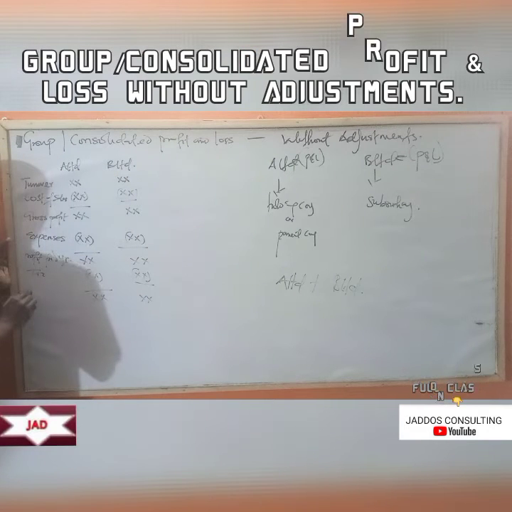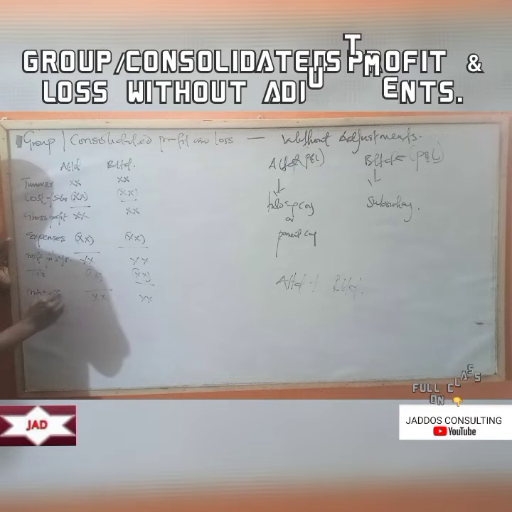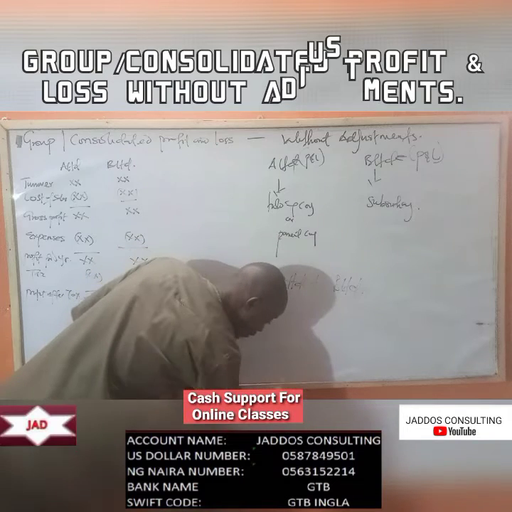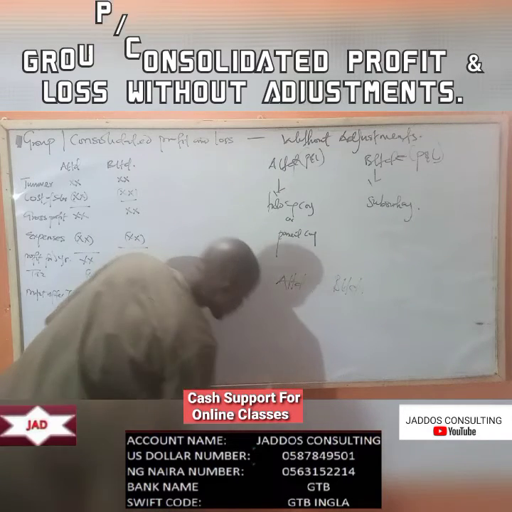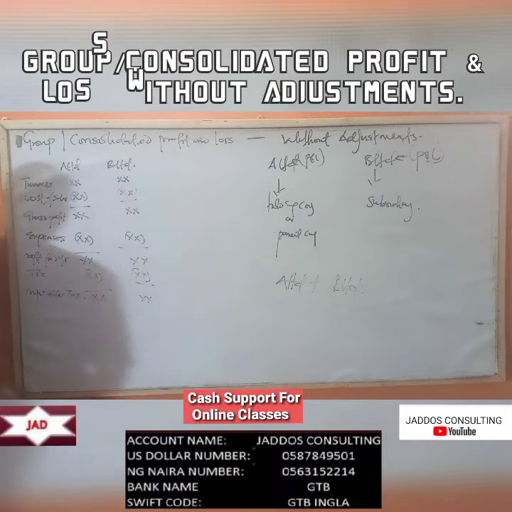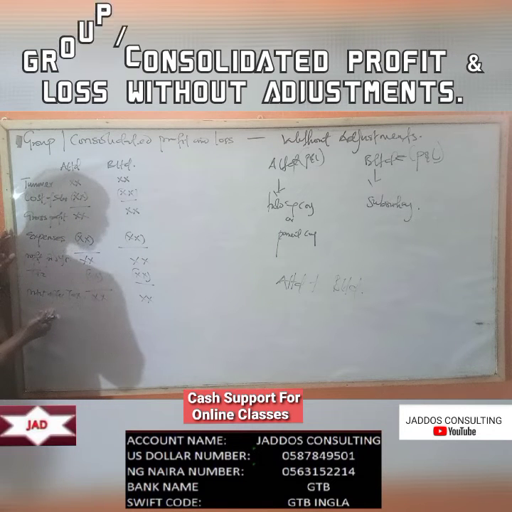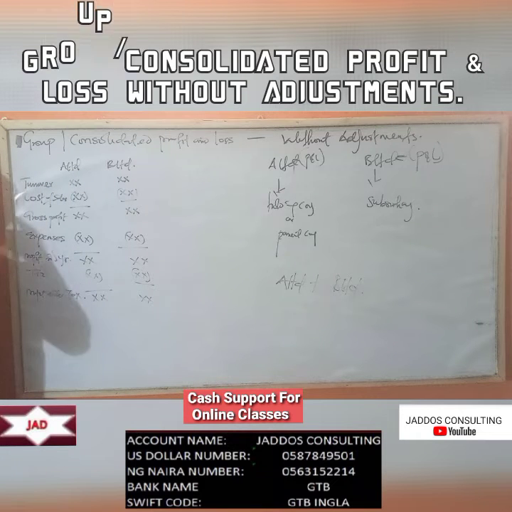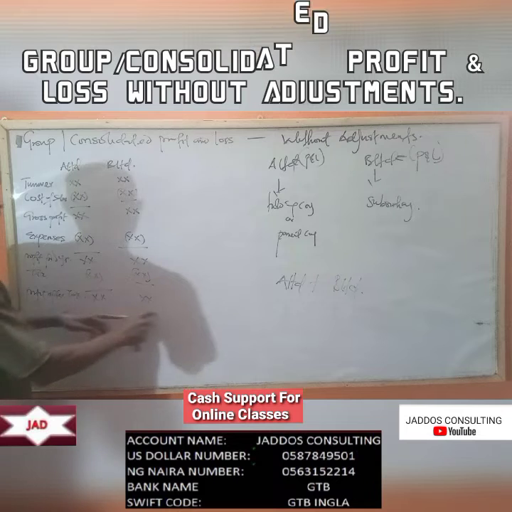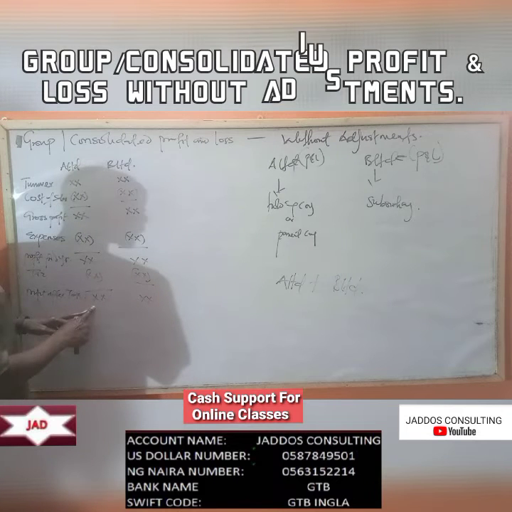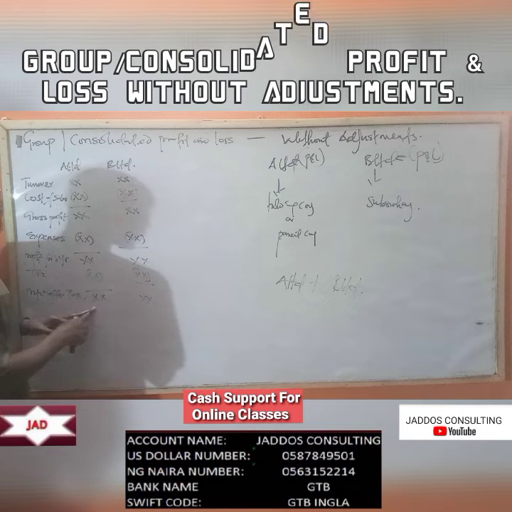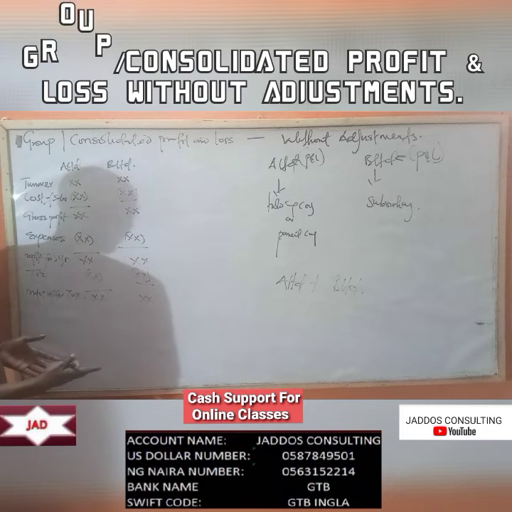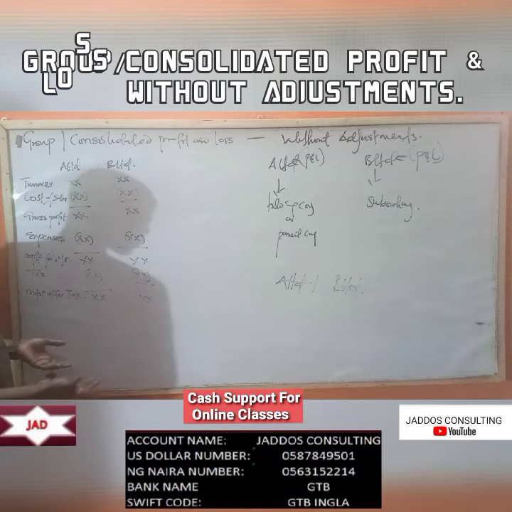So this is profit after tax, or profit after taxation. So now this is profit that is available for distribution.